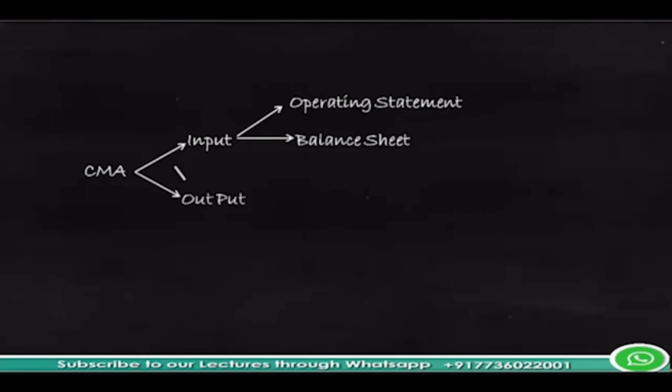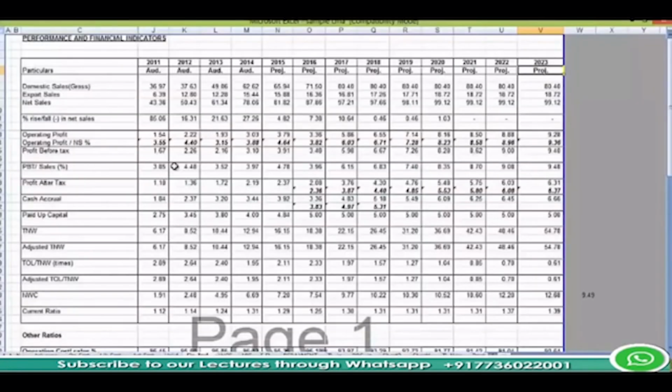What are the outputs? The first output would be a sheet called financial ratios. Financial ratios or financial indicators is the output sheet. So if all the data are entered in operating statement and balance sheet, this sheet will come automatically, which will talk about various financial indicators.